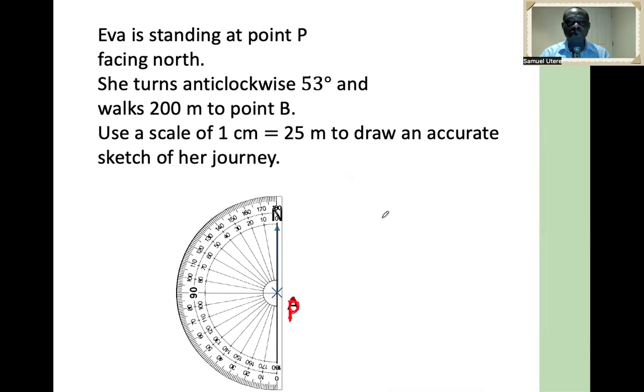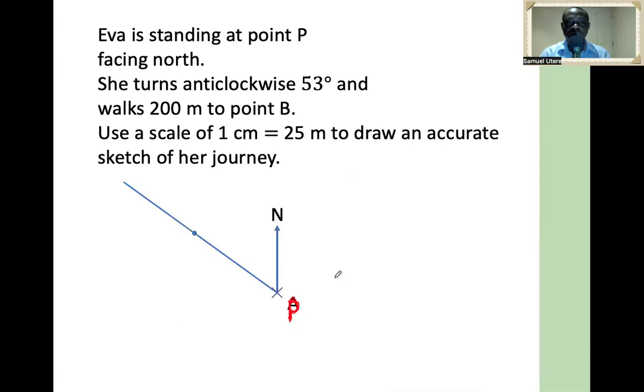So you can see why we have done the orientation here, why the crosshair has been put at the end of the point line for P, why we've used the inside scale, because going anti-clockwise 53 degrees is acute and it has to go in that direction. Okay, so we mark 53 degrees because that will be the anti-clockwise direction.